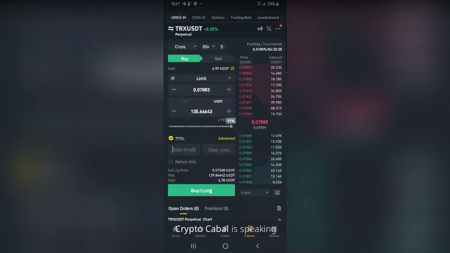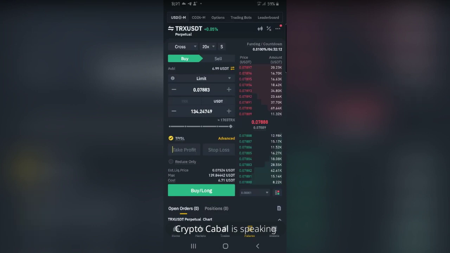Now, let's just put it this way. You can see that it's showing that you want to actually go into this trade with $6.71. That is what you use to set the cost of whatever you are entering the trade with. Some other exchanges might not present you with this.